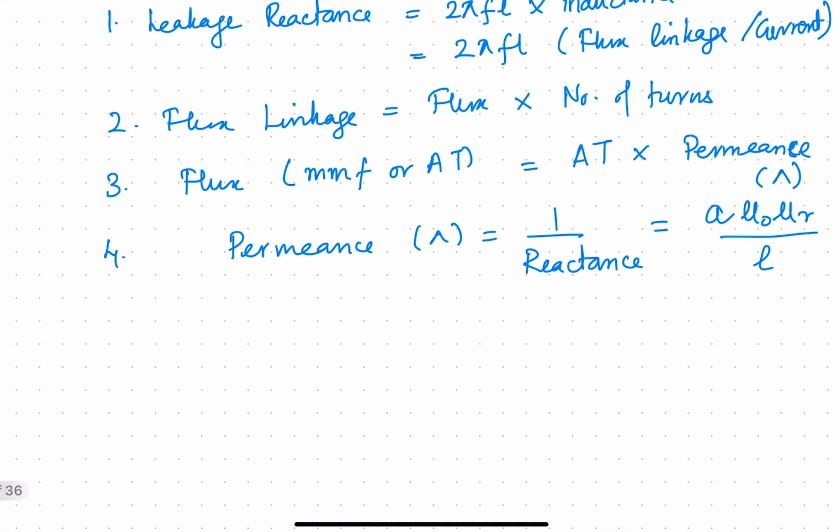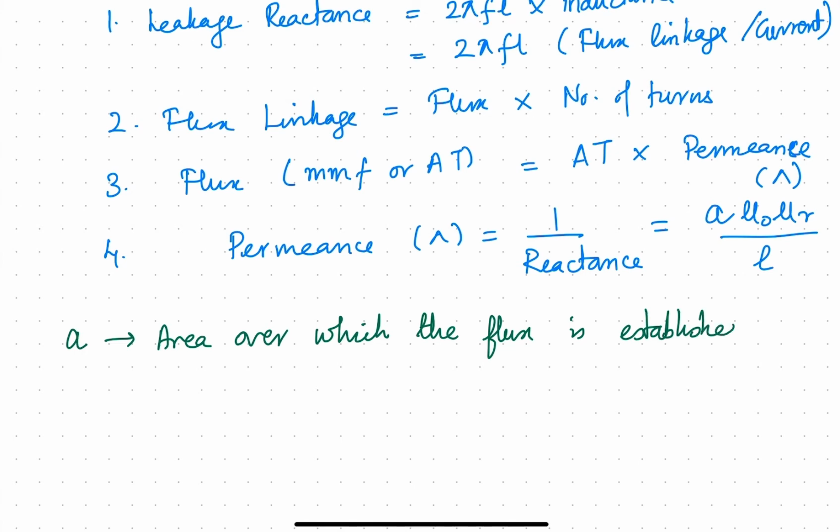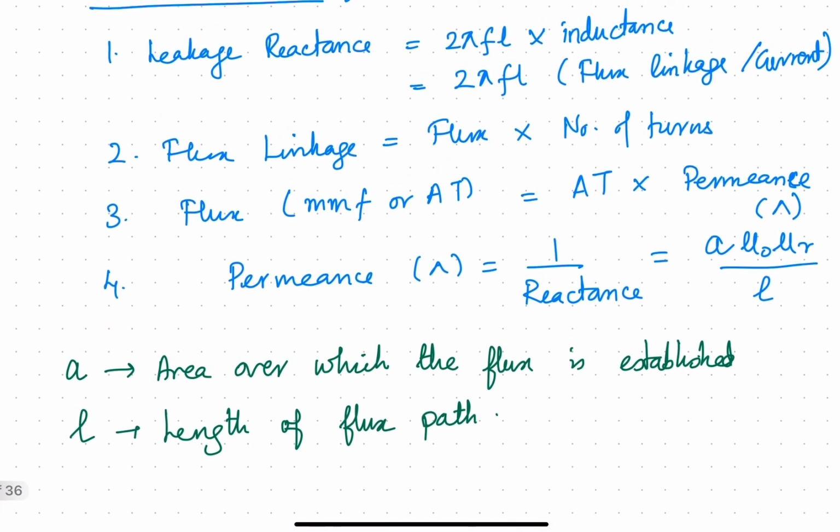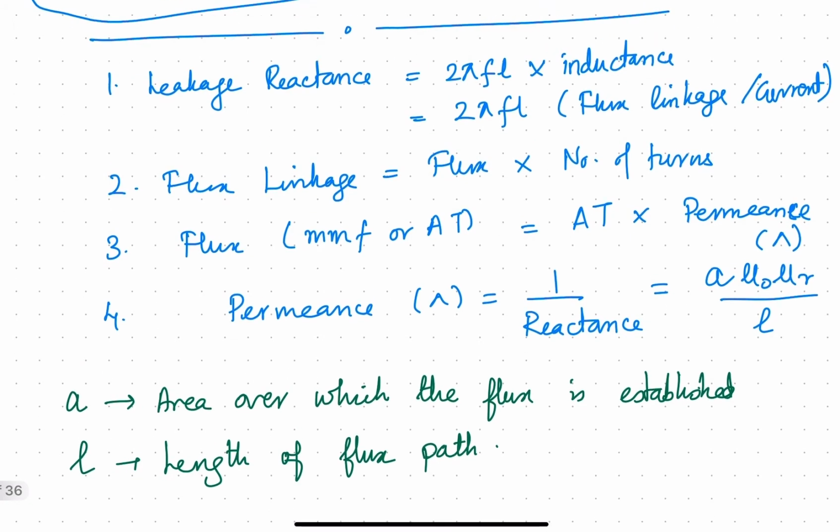Now some key points to note here is that this small a is the area over which the flux is established. L is the length of flux path, right? So these are all the basic definitions.